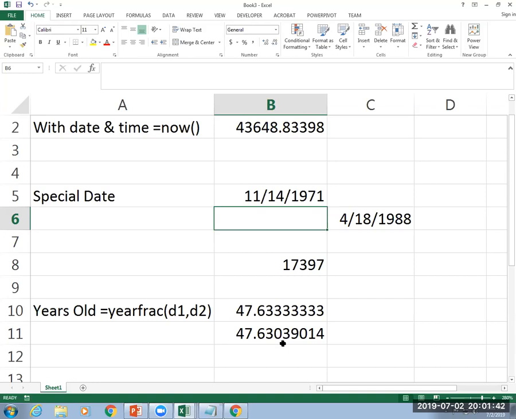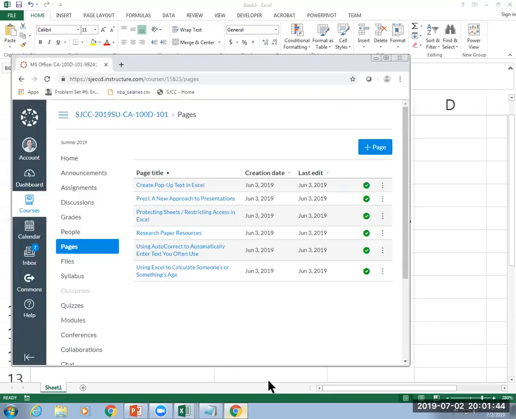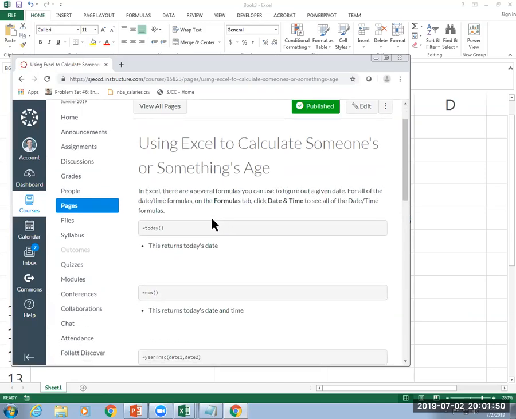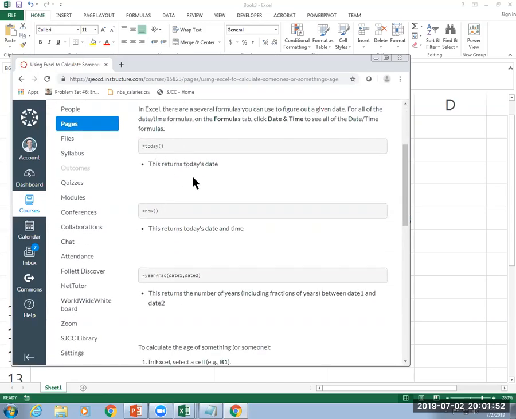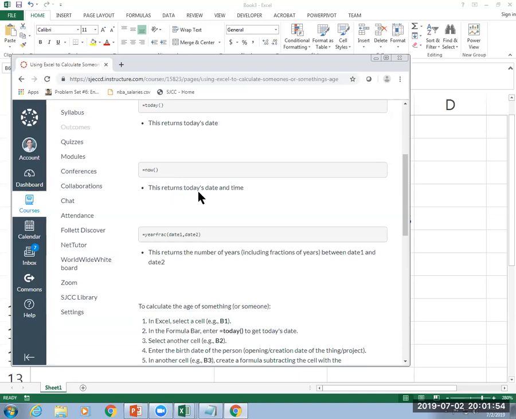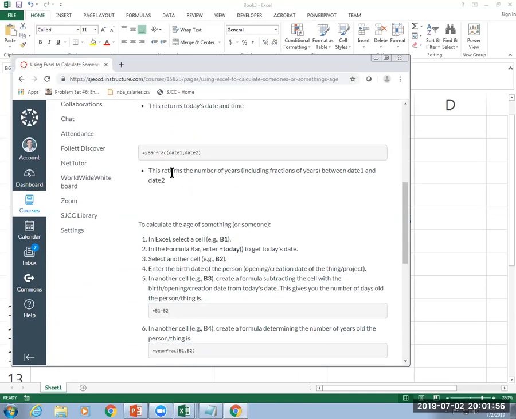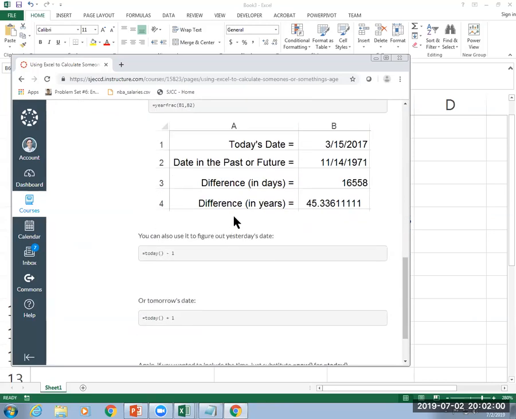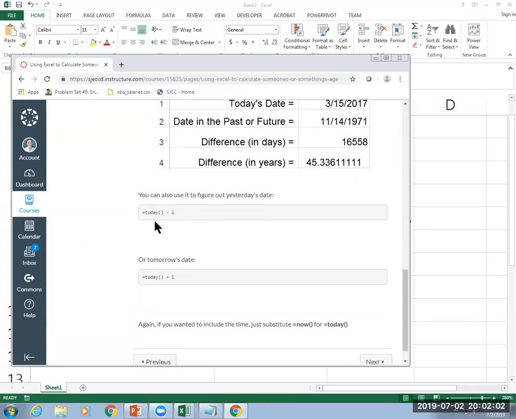So anyway, fun with dates. And like I said, all of these are found in using Excel to calculate someone or something's date. Equals TODAY is today's date, equals NOW is today's date and time, YEARFRAC, and you can subtract. If I want to find out yesterday, it's equals TODAY minus 1.